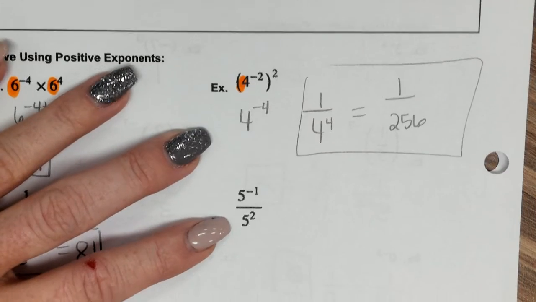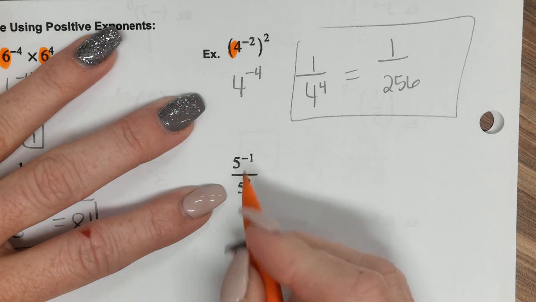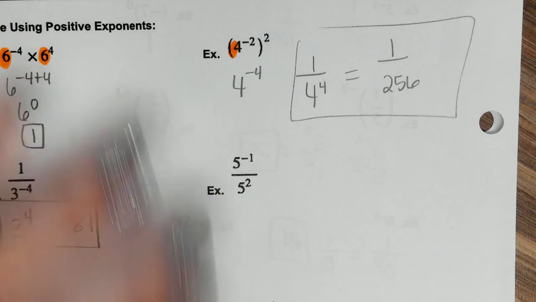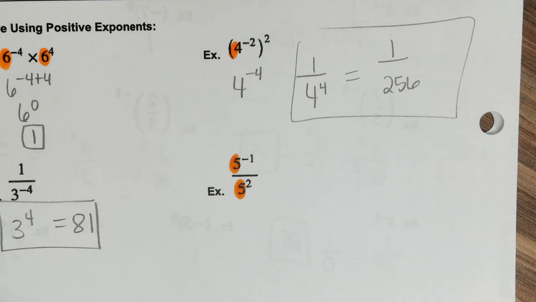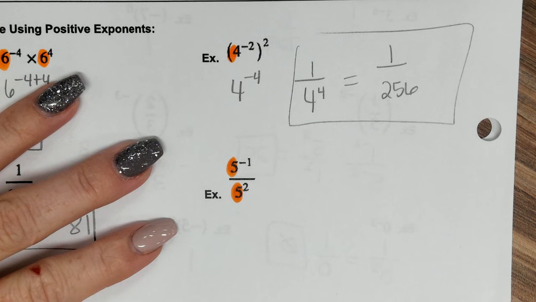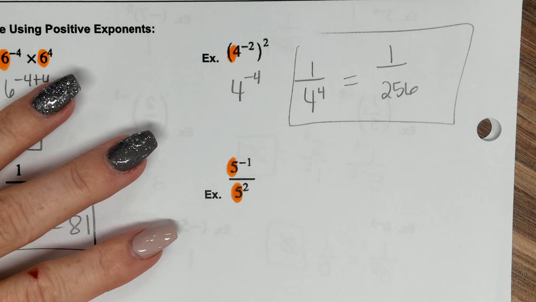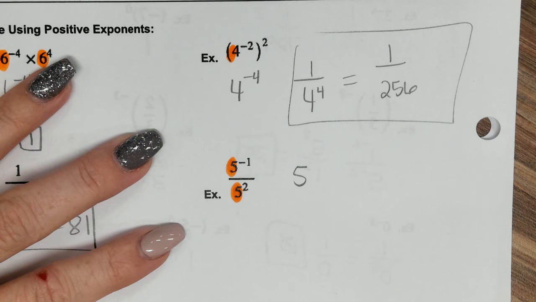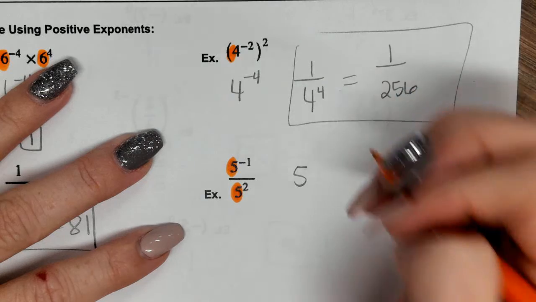All right, this next one is 5 to the negative 1 and 5 squared. Do they have the same base? Okay, so they have the same base. So what is the rule we learned yesterday? Quotient of powers. So I subtract the exponent. So I keep the base. Don't worry that one of them is a negative at this moment. Just do what you've been taught.